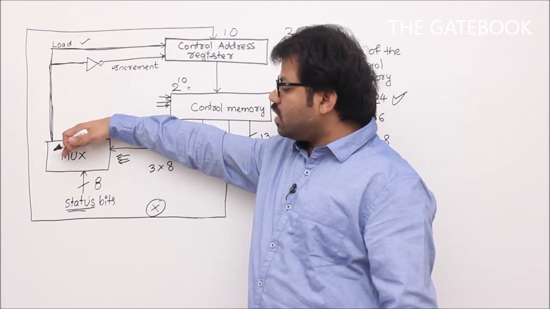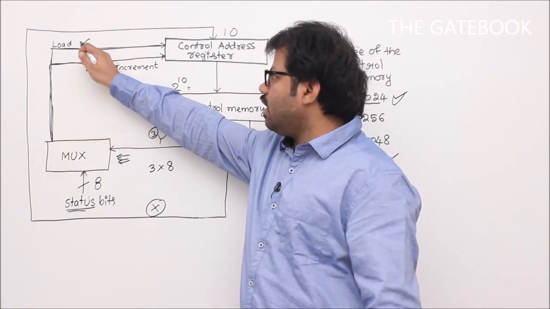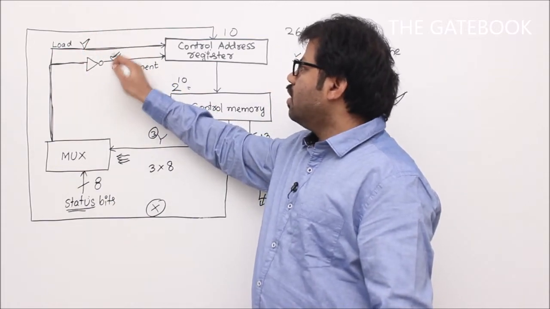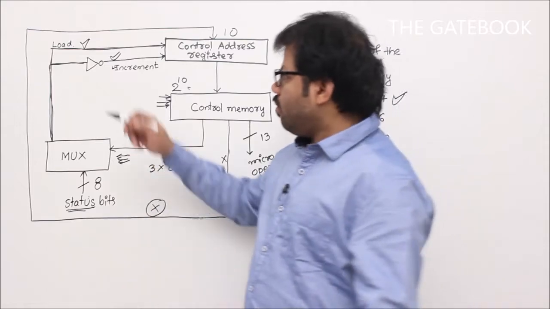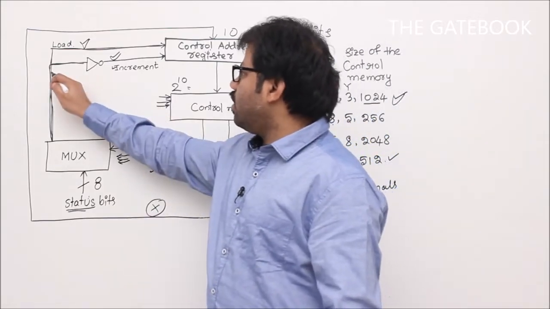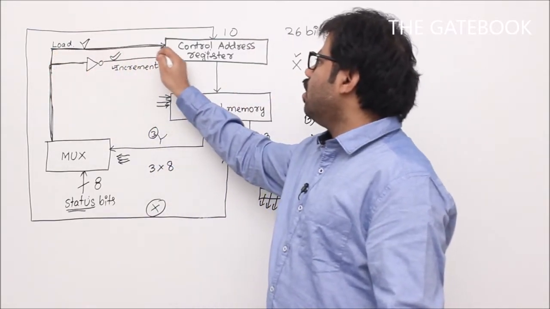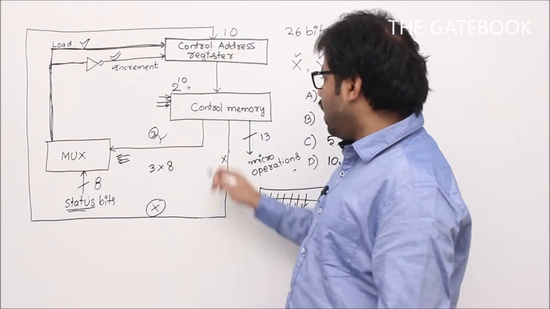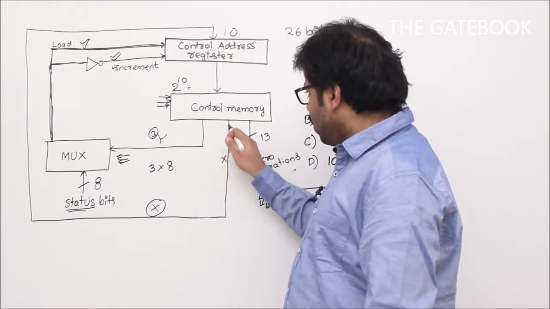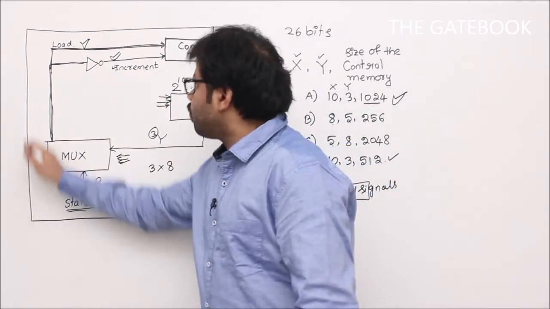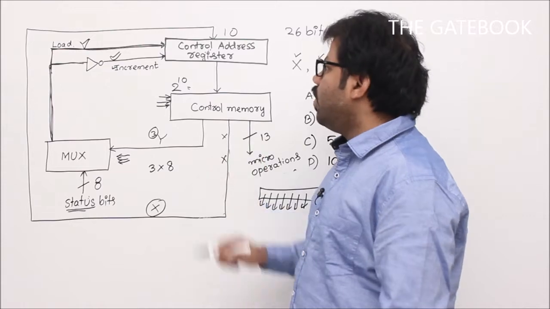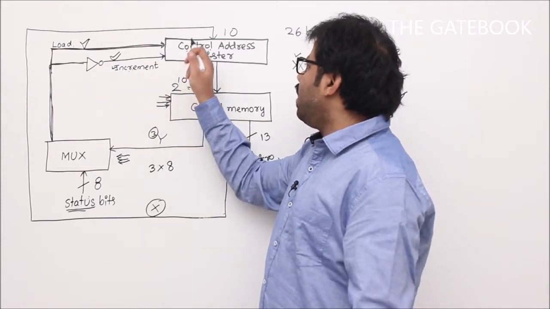But sometimes your status bits decide that we have to go for load, sometimes increment. Sir, what is load? Whenever the load bit is enabled, we are loading this control address register with the next address. Sometimes we are not loading this address, but we are incrementing the current control address register.